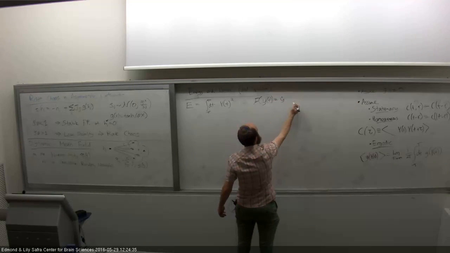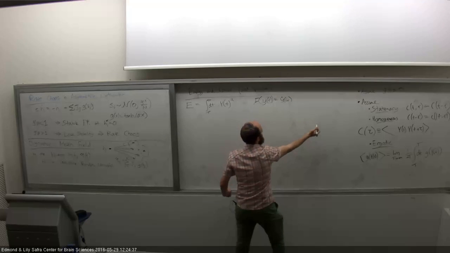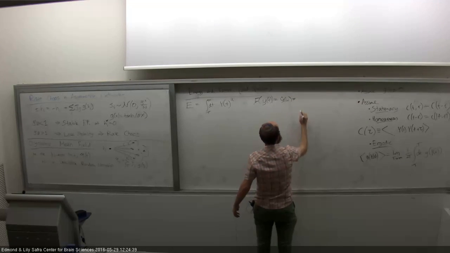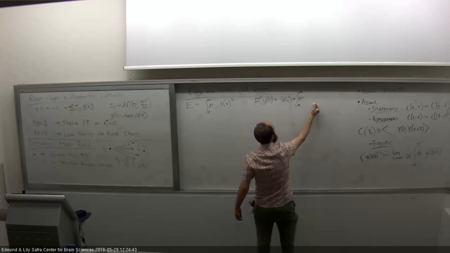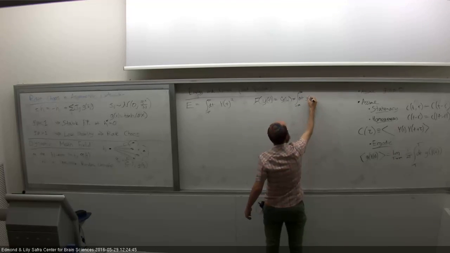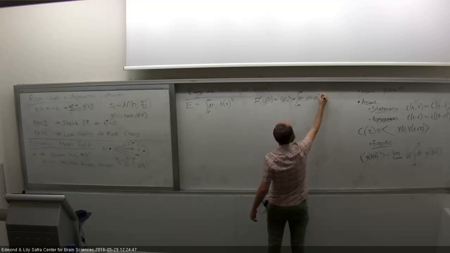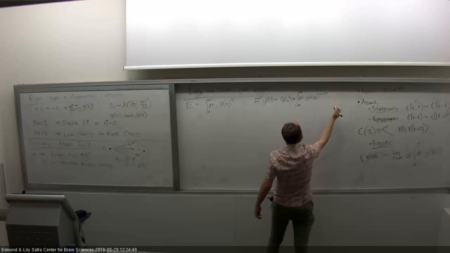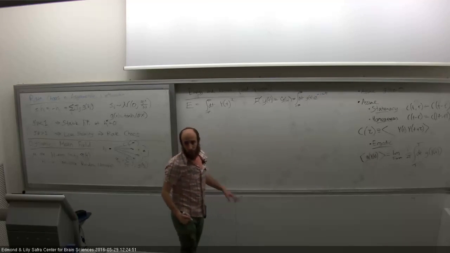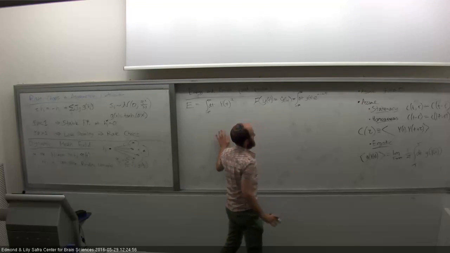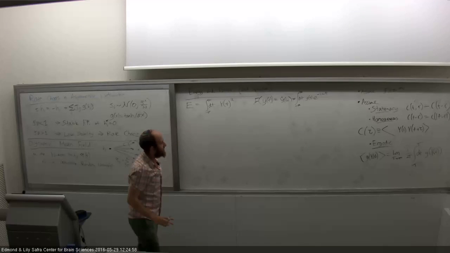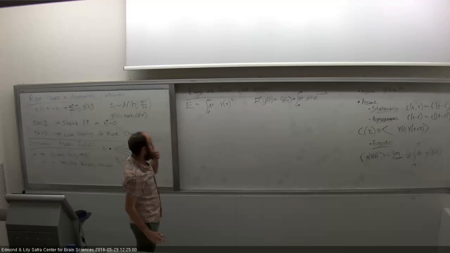You can call it y hat, and it's a function of omega. It's the integral from minus infinity to infinity over time of the function times e to the minus i omega t. And that's one convention. There are different conventions with regard to the sign and the normalization. We'll actually see another convention in a moment.